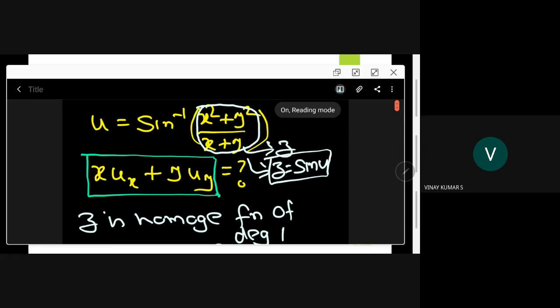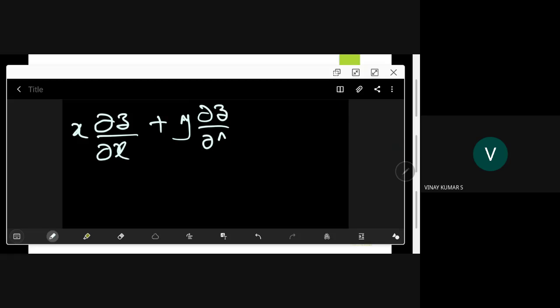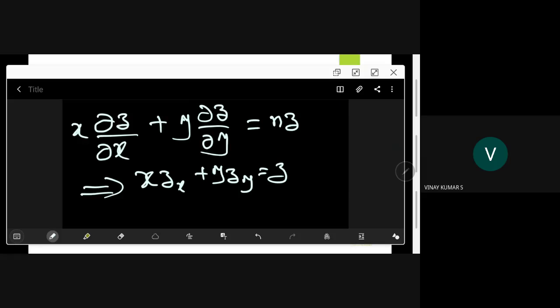So we can say by Euler's theorem that x zx plus y zy is equal to nz, that is z. That we can say.